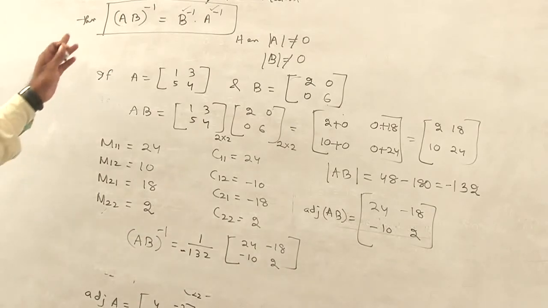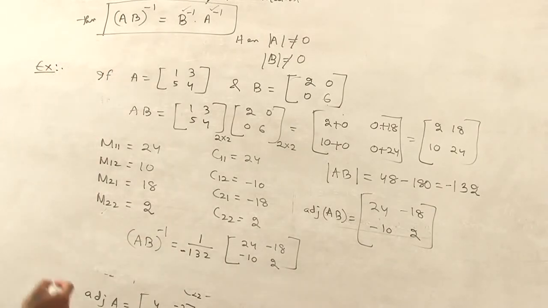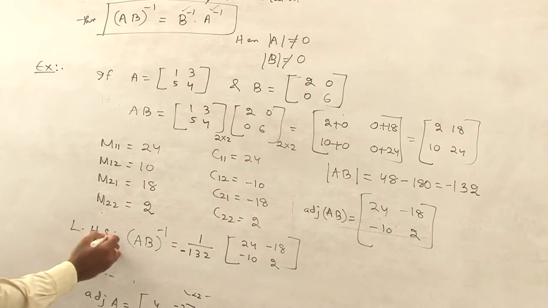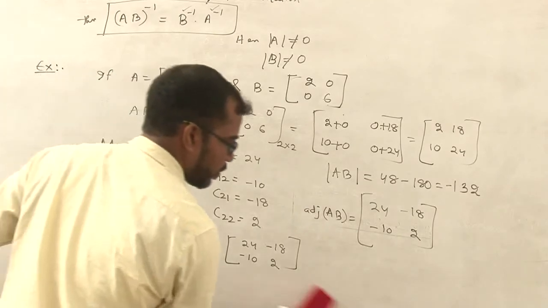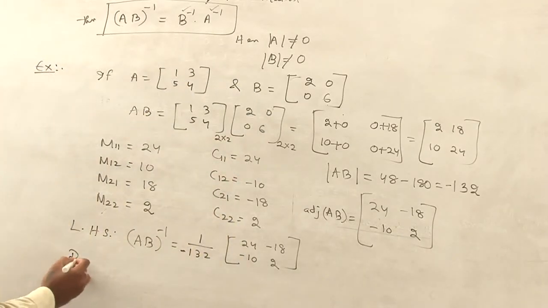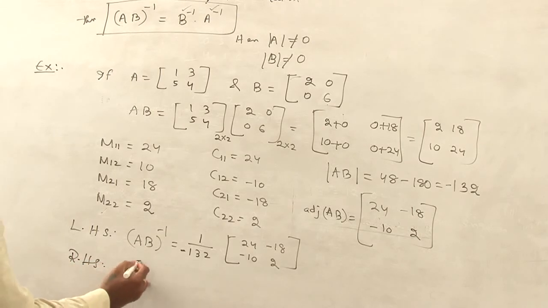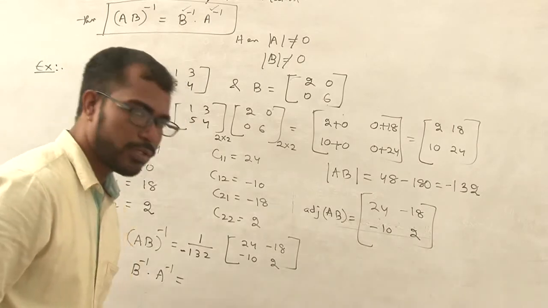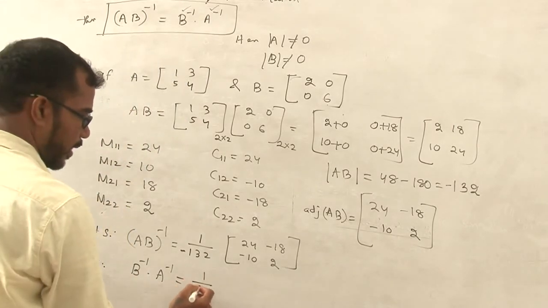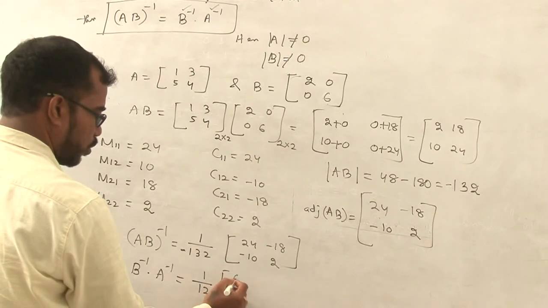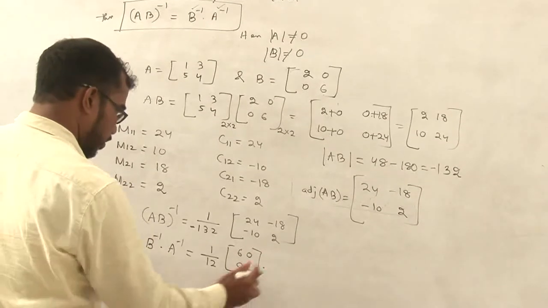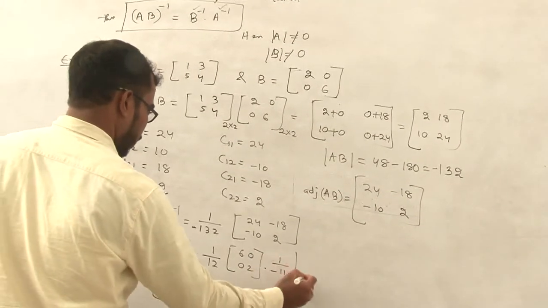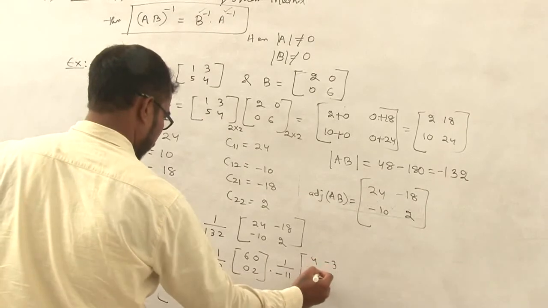Okay. So here we have to verify. So we take an LHS. So LHS is inverse of AB, that is the solution. And then next is the RHS, which is inverse of B into inverse of A. As you find it, first inverse of B is 1 by 12 into 6, 0, 0, 2, into inverse of A is equal to 1 by minus 11 into 4, minus 3, minus 5, 1.